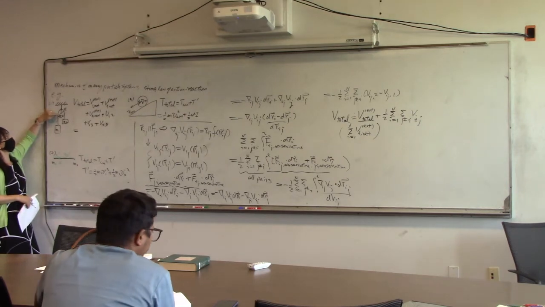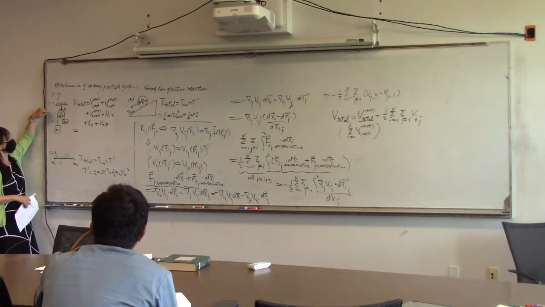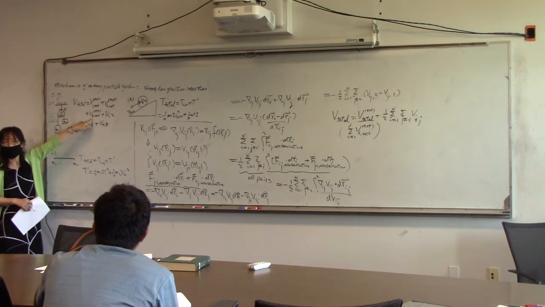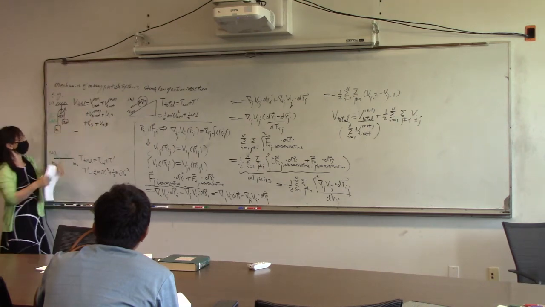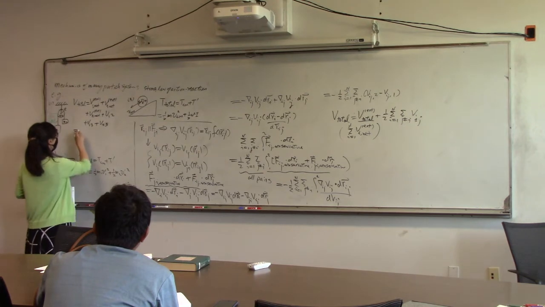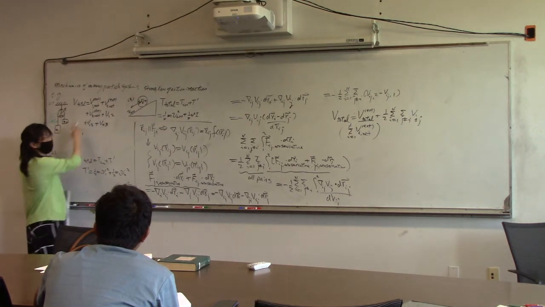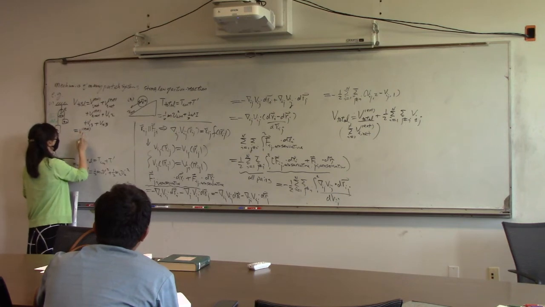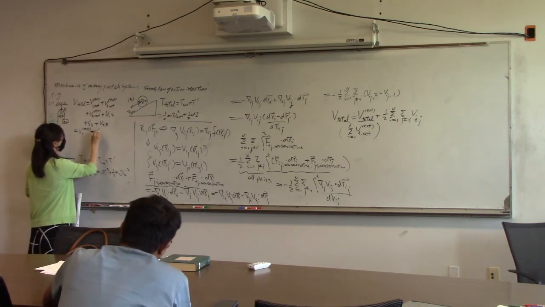If I select the center of mass of M3 as 0, so this term is 0, right? And only this term. So we have V1, and now I remove the index because only 1, right? V1 external plus V2 external.